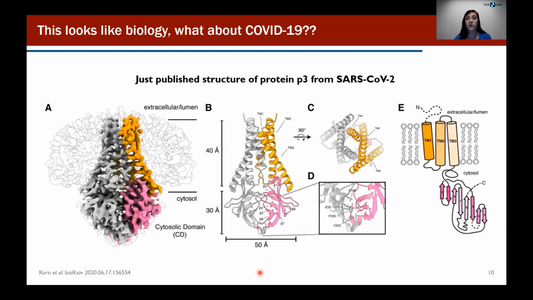But I'm hoping to use a similar approach to what I just shared with this protein, and hopefully work out some of its mechanism and how it works to be able to inform future drug design.